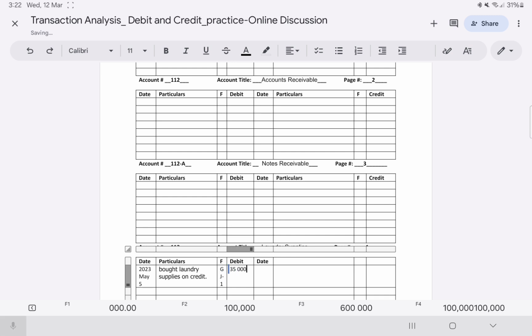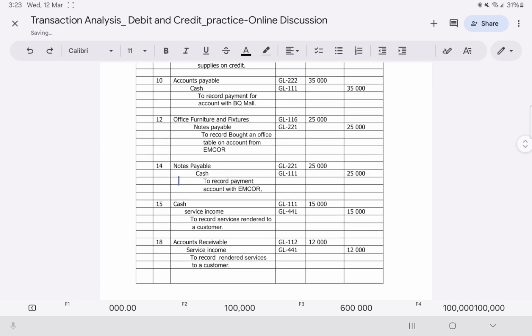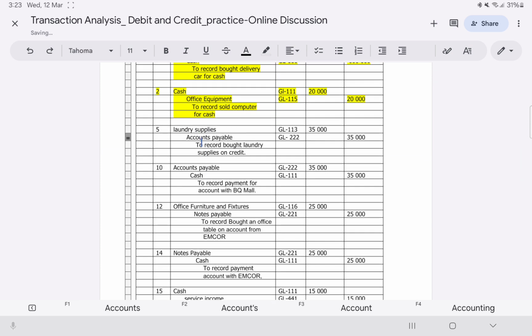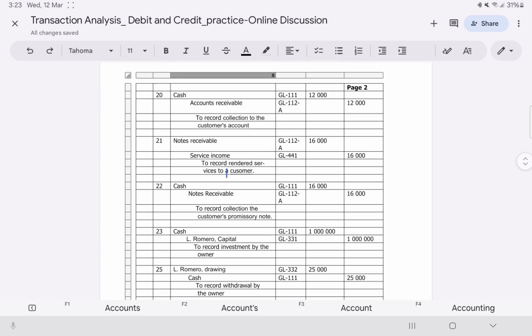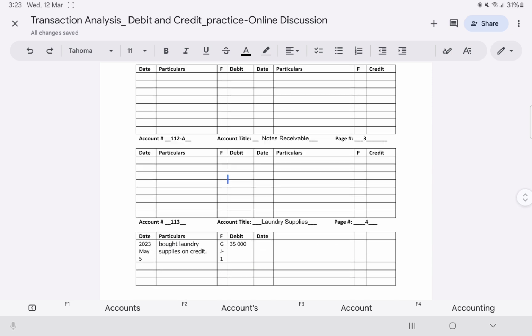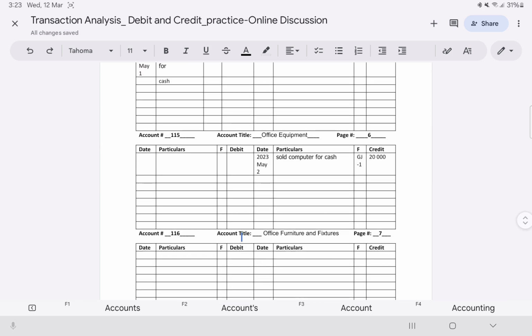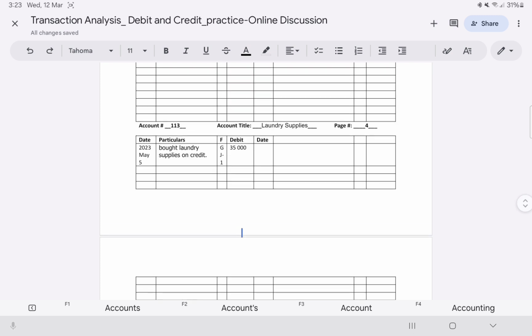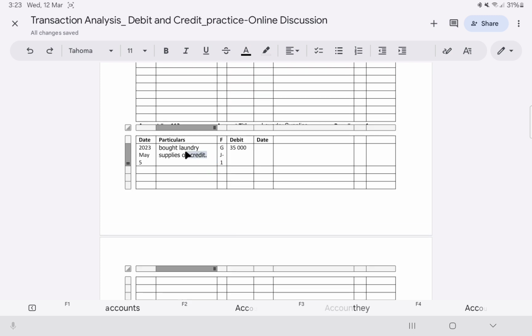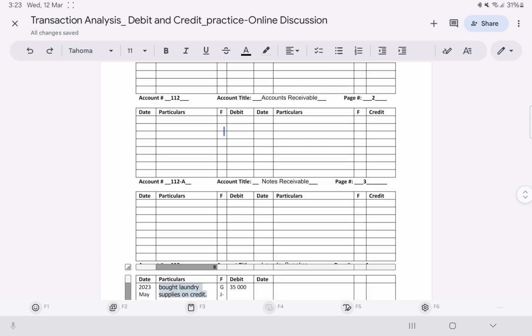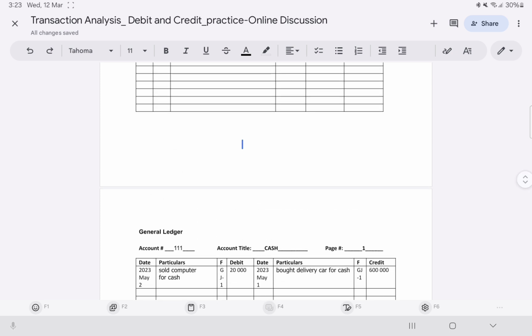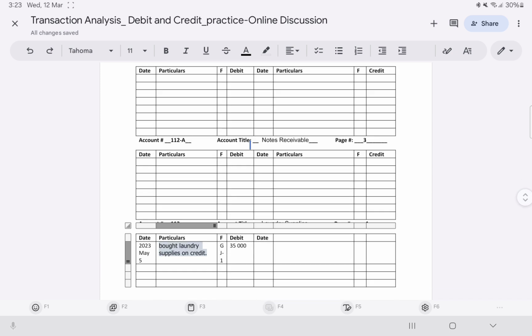35,000 pesos. So your credit is accounts payable, and you should record that one to accounts payable. Okay. So we will copy the particulars, the explanation. So find the accounts payable.